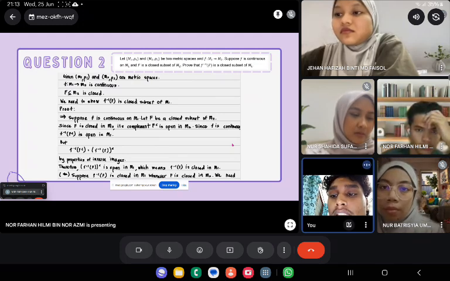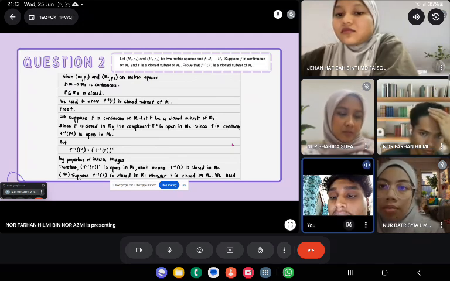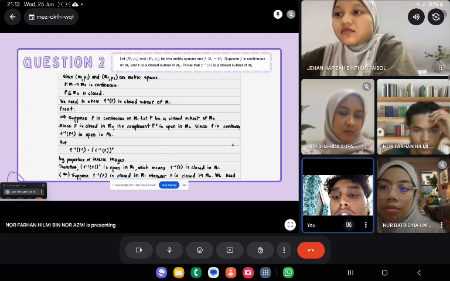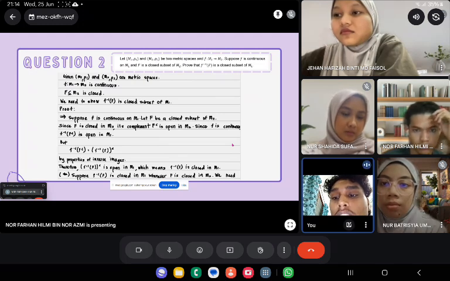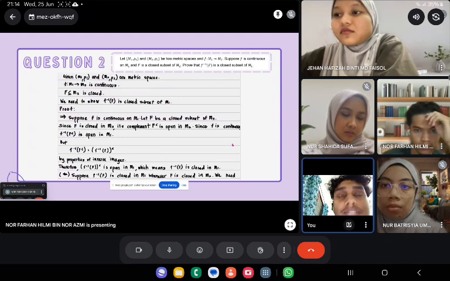To prove that, we let f be continuous on M1, and let F be a closed subset of M2. Since F is closed in M2, its complement F^c is open in M2. Since f is continuous, f inverse of F^c is open in M1.